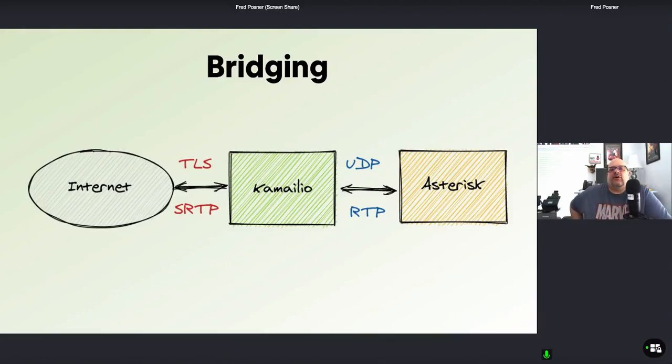But Kamailio can bridge TLS to UDP, making certificate management less of a nightmare, as well as simplifying, again, your Asterisk setup. And then with RTP engine as well, you can also bridge SRTP to RTP. So outside of your network, all of the RTP can be encrypted if you'd like. That really helps with some HIPAA requirements and things like that, as well as just security, especially now with remote workers.